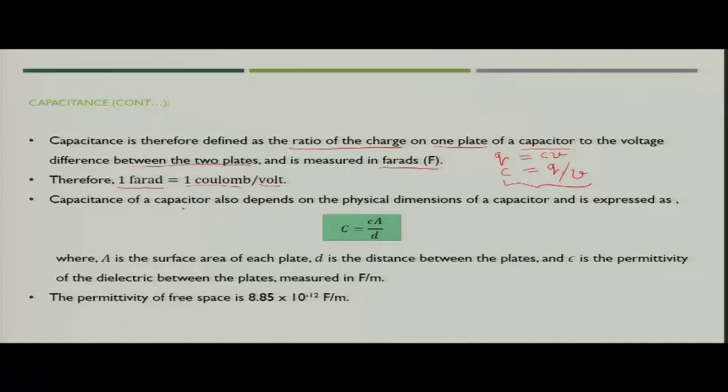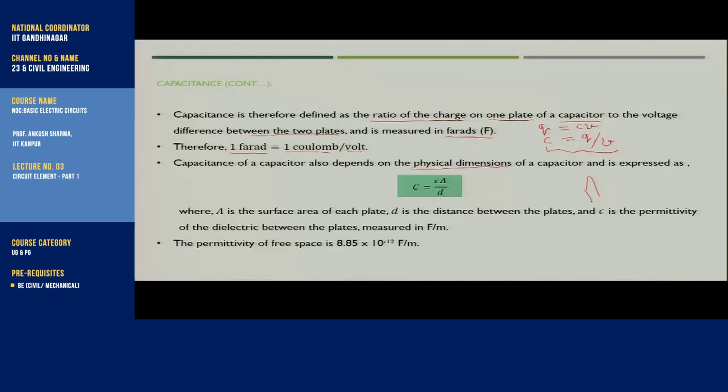Now, the capacitance of a capacitor also depends upon its physical dimensions. If it is a two-plate capacitor, the area A and the distance between the two plates also define the value of capacitance. So, how will you define capacitance C?